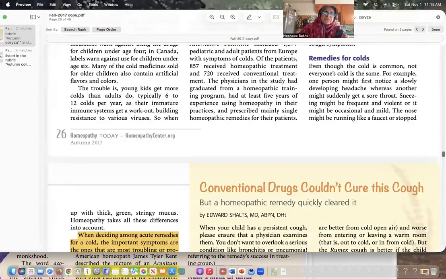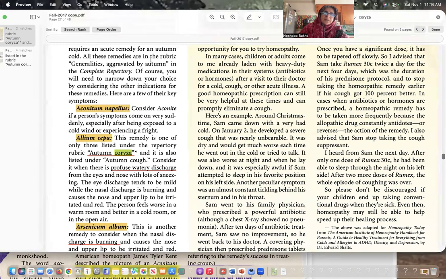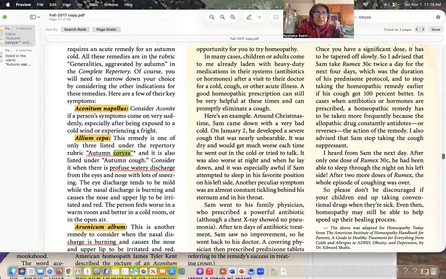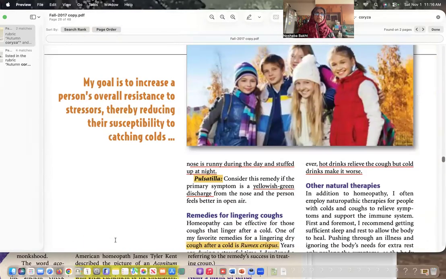We did 11:15. It's a lot about coryza again, but in 5 minutes I would just say the names, and I'll go over it next time because it would be too much to absorb. So the autumn coryza is coming, because autumn is here, and when we are exposed to the cold winds, we get cold, sometimes fever, runny nose, burning discharge from the nose, or the people are irritable, or sometimes they have yellowish greenish discharge.